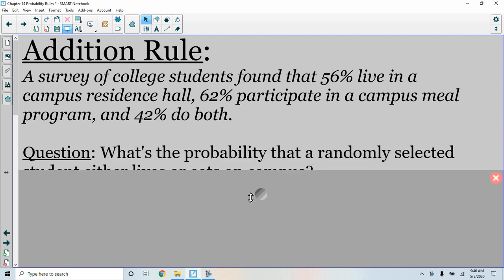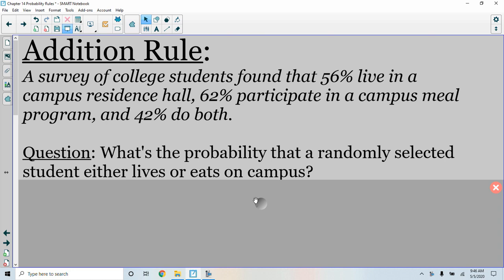So take a second and read through this problem and question. So we have these students in a college, and some of them live on campus, some of them have a meal plan, and some of them have both. Just so you know, you don't always have to live on campus to have a meal plan, and you don't always have to have a meal plan if you live on campus.